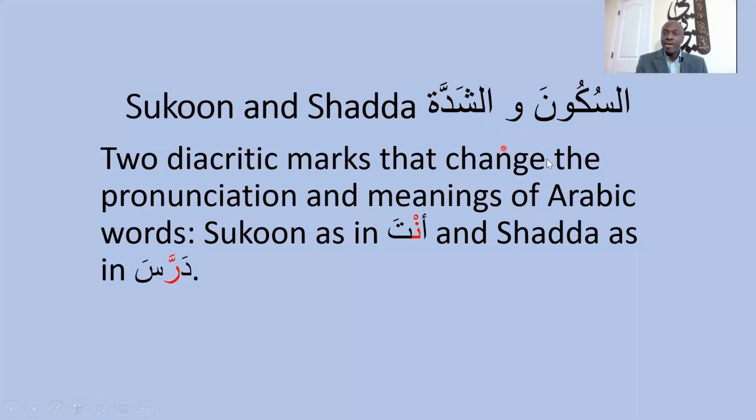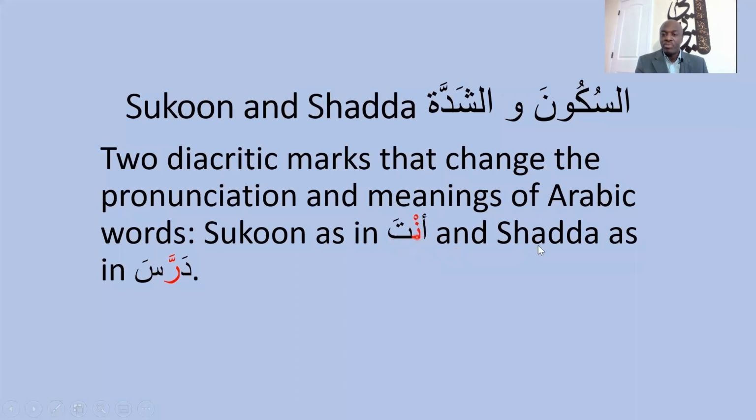And then we have two diacritic marks. These two diacritics change the pronunciation and the meaning of Arabic words. These two diacritics are sukoon, as I said, and shadda. See a little circle here, which looks like the letter O in English. So the sukoon only goes on top or above a letter, never underneath.